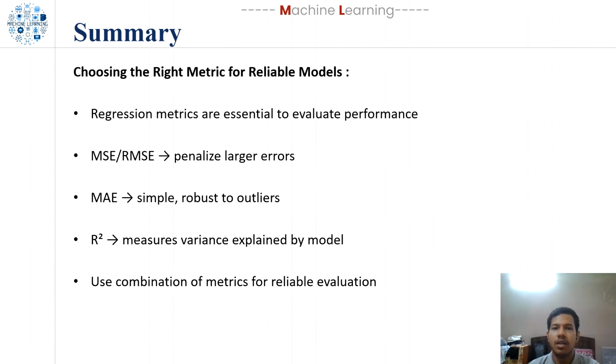MAE is simpler and treats all the mistakes the same. R squared shows us how much of the data's variation your model can explain, but it's not perfect.